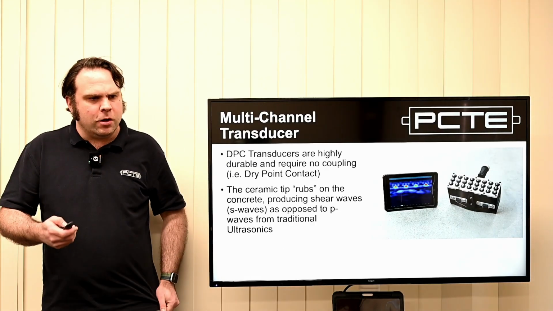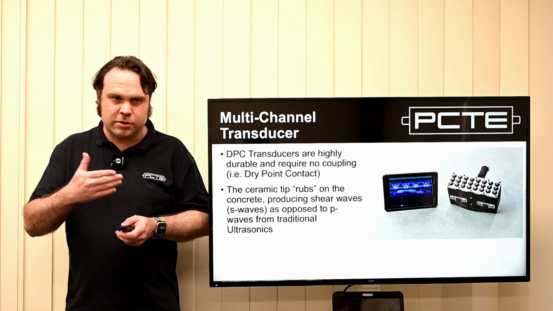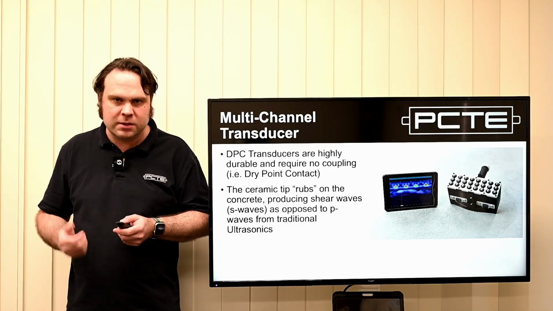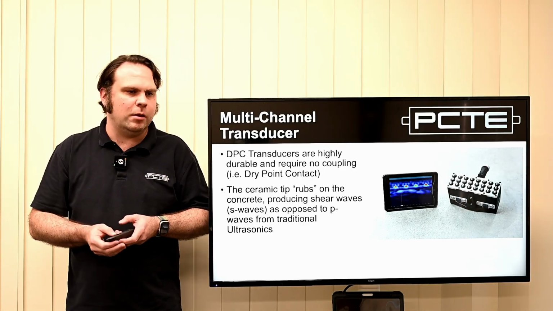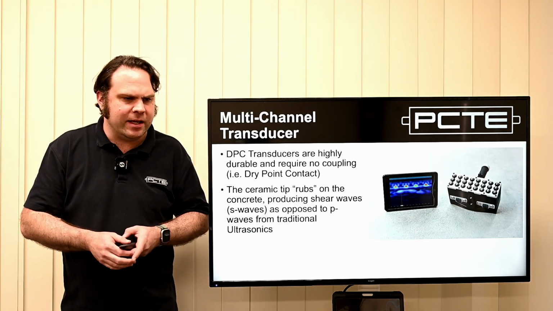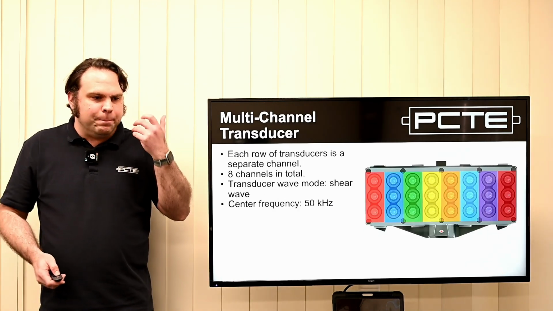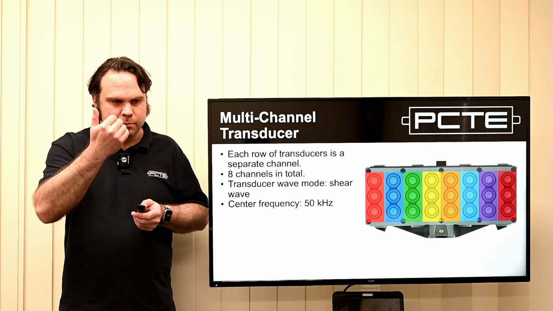The dry point contact transducers don't need any coupling. So with the UPV transducers, you saw the big blocky metallic ones, got to use gel, we've got to get the sound in. With this tool, well, we've got little ceramic dots, they move, they put the energy in, they collect the energy. But the big differentiation on this device is the multi-channel array.